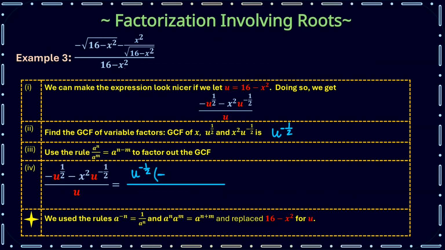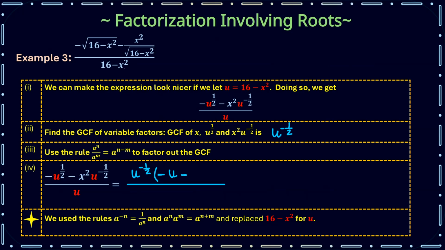So again, you are going to take u to the 1/2 and divide it by u to the negative 1/2. We are subtracting the exponents. 1/2 minus negative 1/2. That's just 1/2 plus half, or 1. So 1 is the power of u. You could just write that as u.